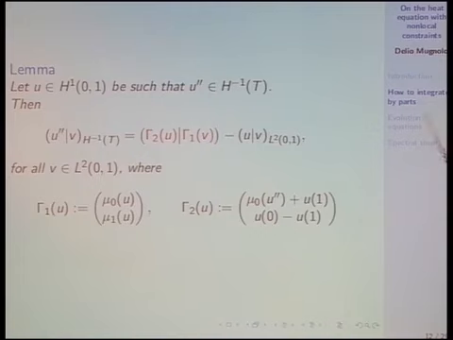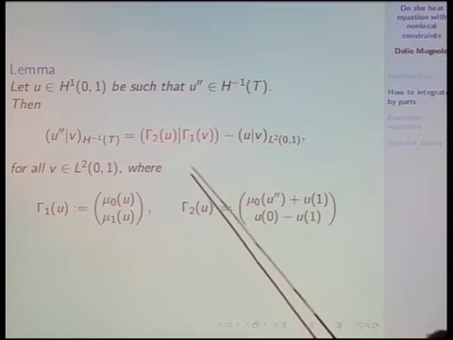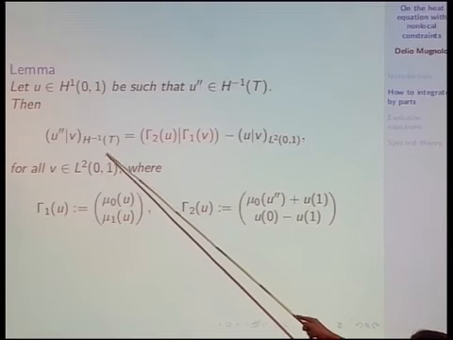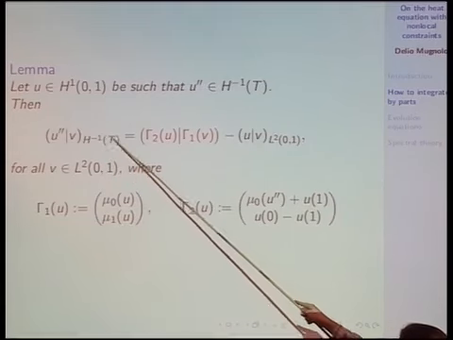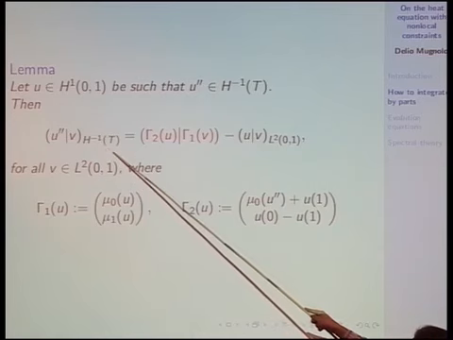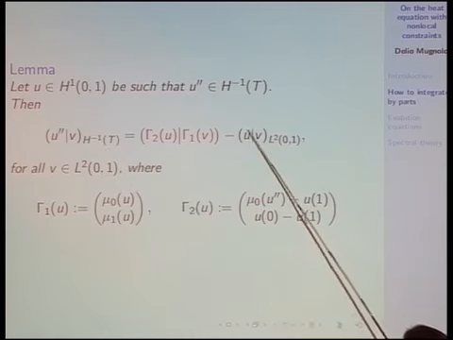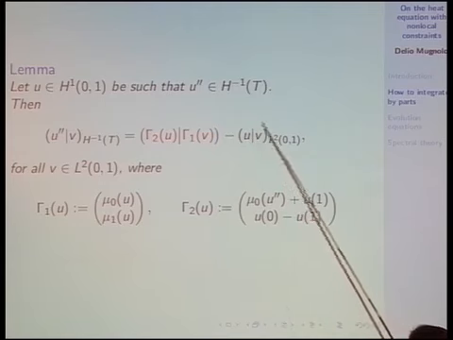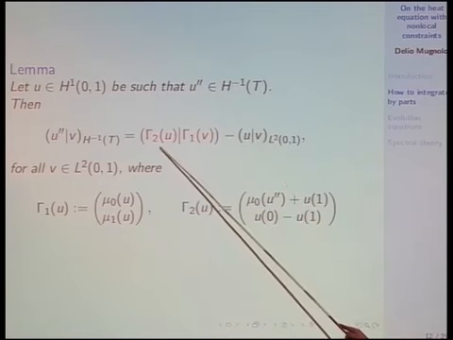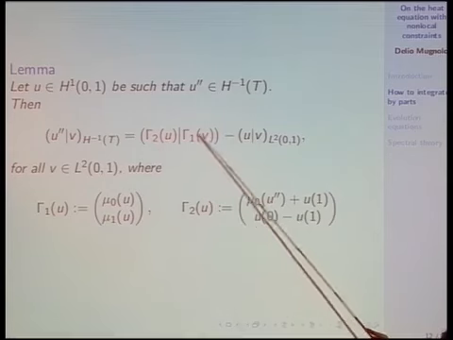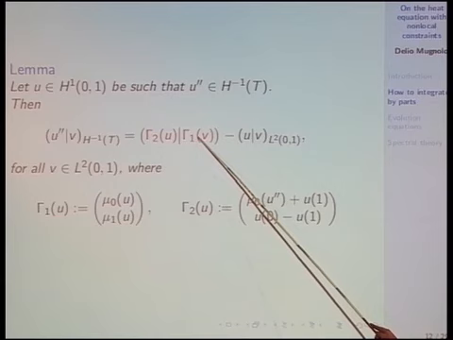So let me comment on that. In the classical case, you would have, of course, here the L2 inner product, and you would have here the derivatives of u and v. And you would have here the normal derivative of u and here the trace of v.